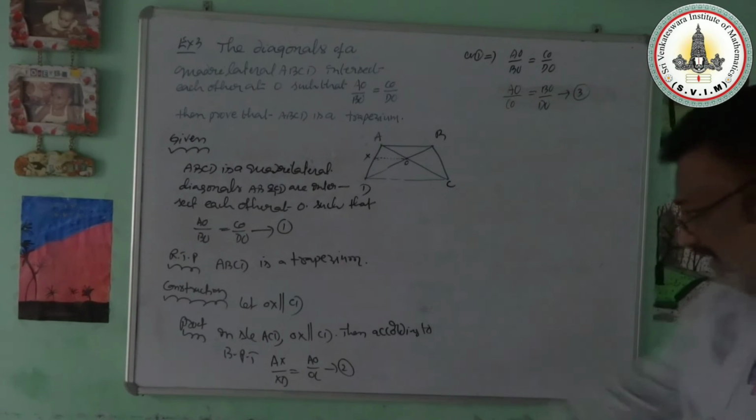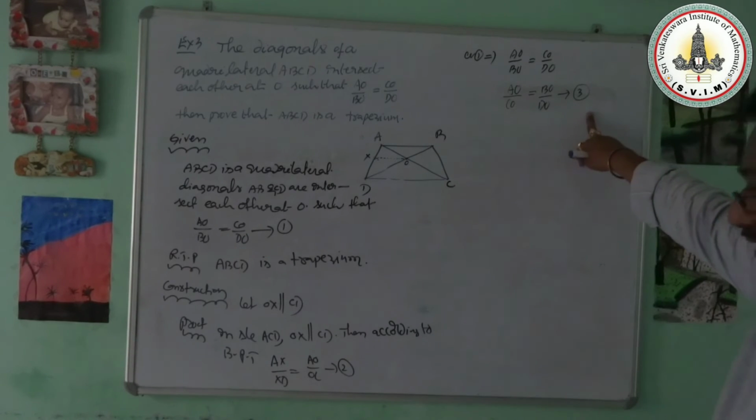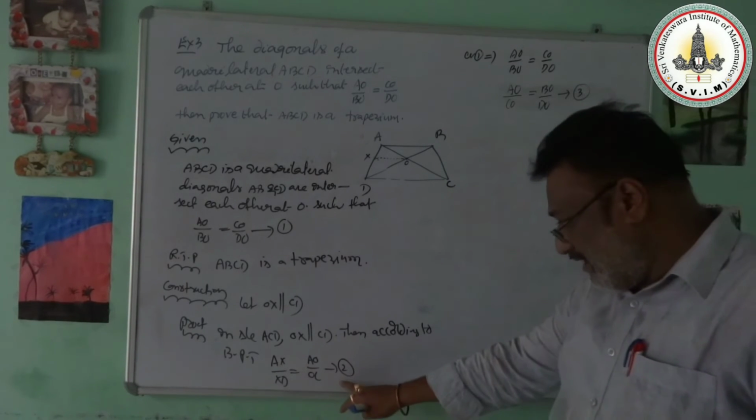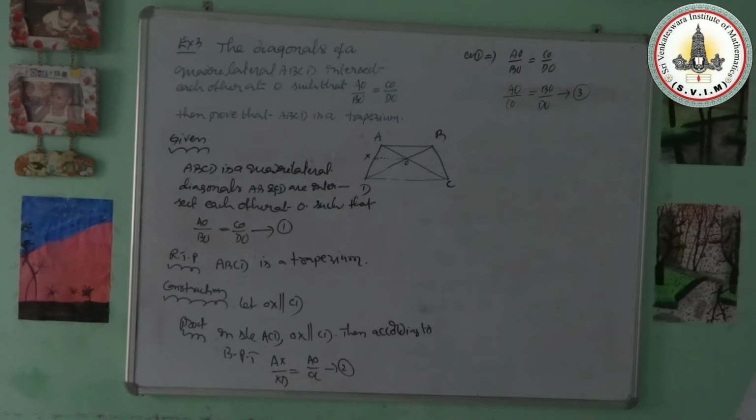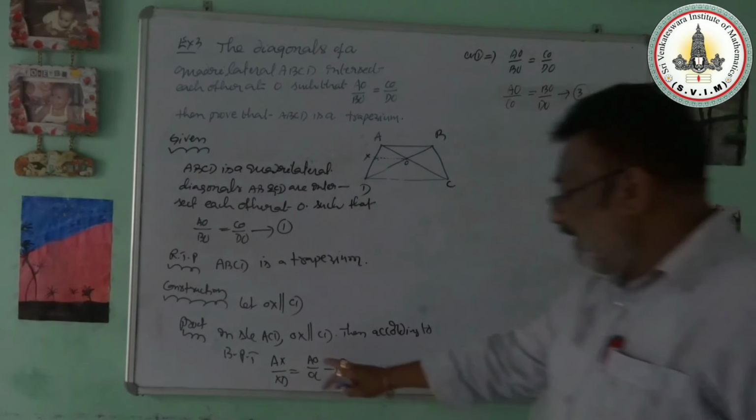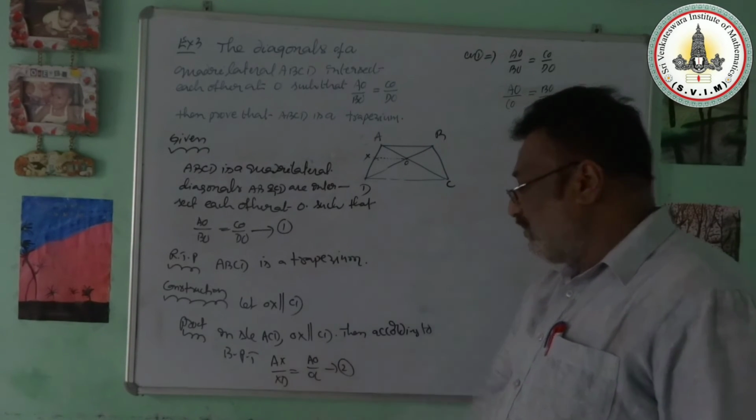Now observe equation 2 and equation 3. In equation 3, AO by CO is equal to BO by DO. But in equation 2, AO by CO is equal to AX by XD.